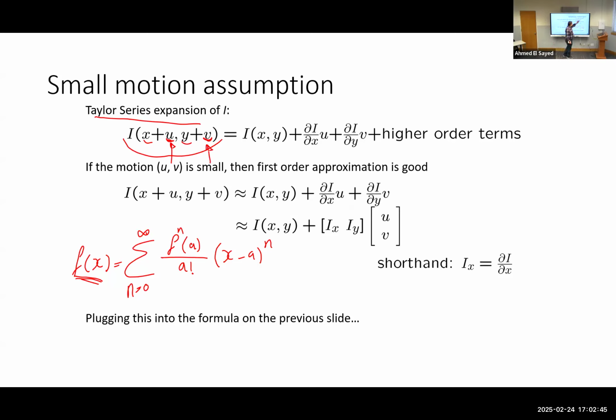So in this case, it will equal the value of I of x and y plus, in the original, it's the derivative of the function with respect to the variable itself at this point. Here I have two dimensions, then I have to find the first two derivatives. Then this multiplied times u, this multiplied times v. Again, this should be divided over factorial 1, and this is over factorial 1.